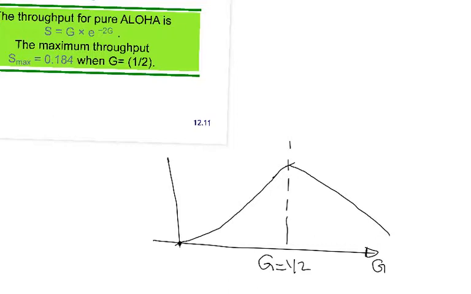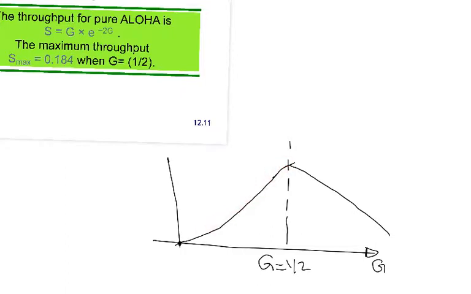When the value of g is low, the throughput increases, which makes sense, because a low g means the load on the network is low, so the probability of collision will be low. The probability of sending packets successfully without any collision will be higher, so any transmission that we do will go through.